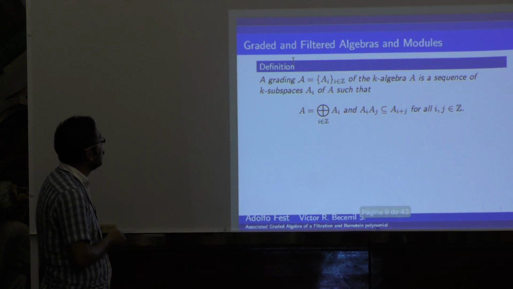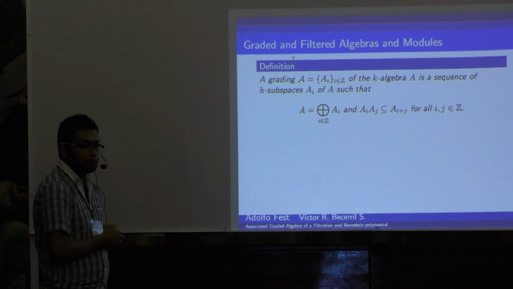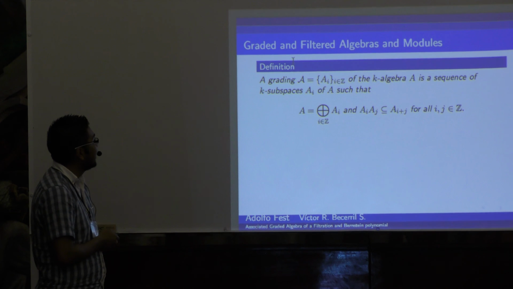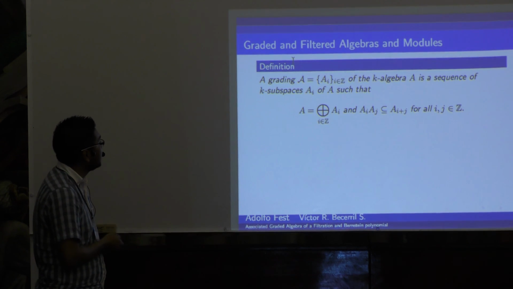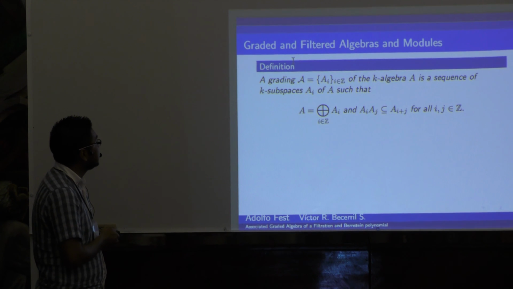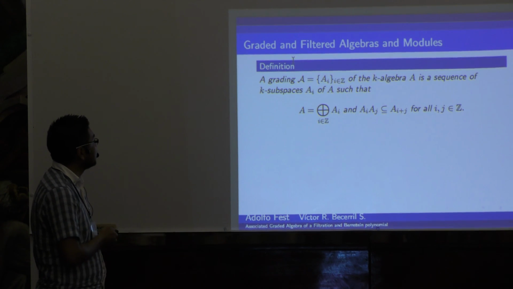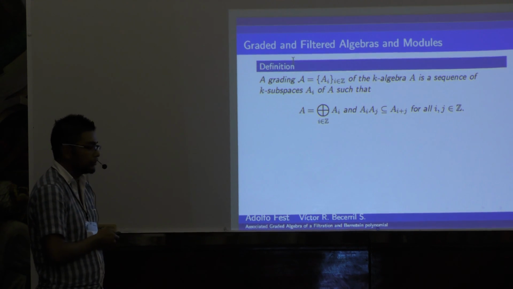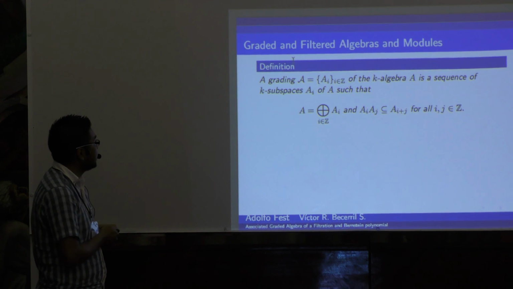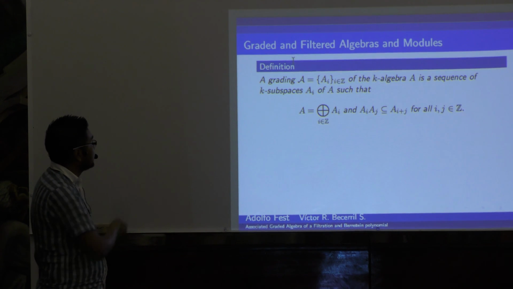We can also define the grading. Maybe there is no need to define this, but a grading of an algebra is a sequence of K vector subspaces of A, such that the direct sum is again the algebra A, and we establish this product.